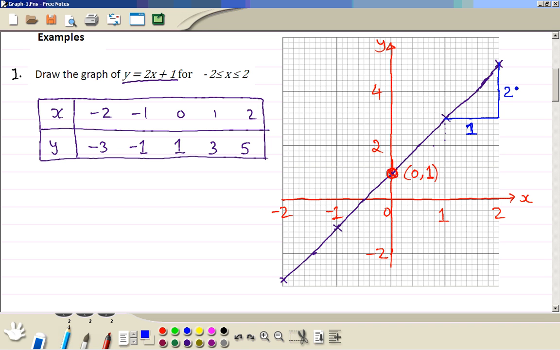So the gradient is 2 divided by 1. We write m as the vertical distance divided by the horizontal, so the answer is 2. Or we can just say every step you go to the right, you have to go 2 steps up.